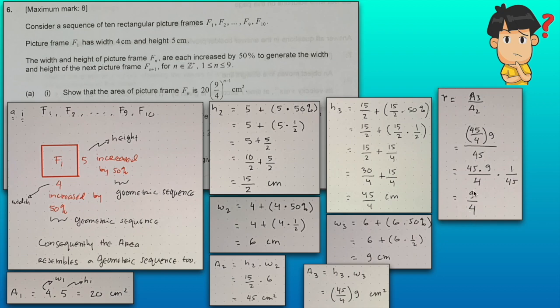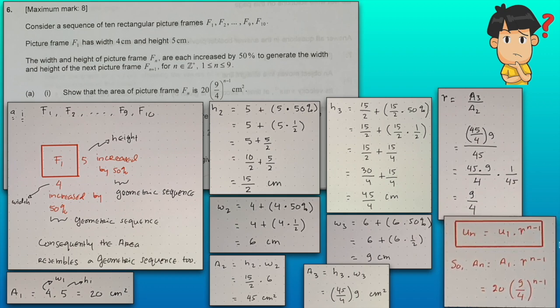That's the common ratio. Then using this formula for the general term of a geometric sequence, Un, in this case Fn, sorry for that, that's equal to the initial area 20 multiplied by the common ratio 9/4 to the power of n minus 1. So there you go. That's the answer for question A, part 1.